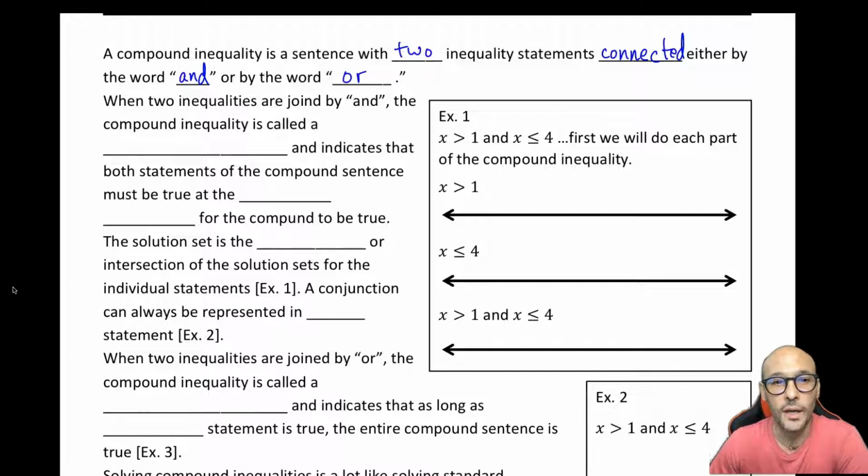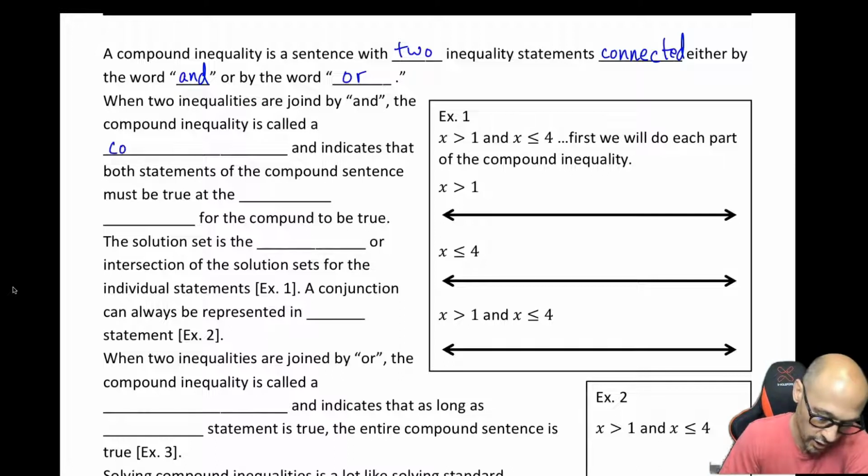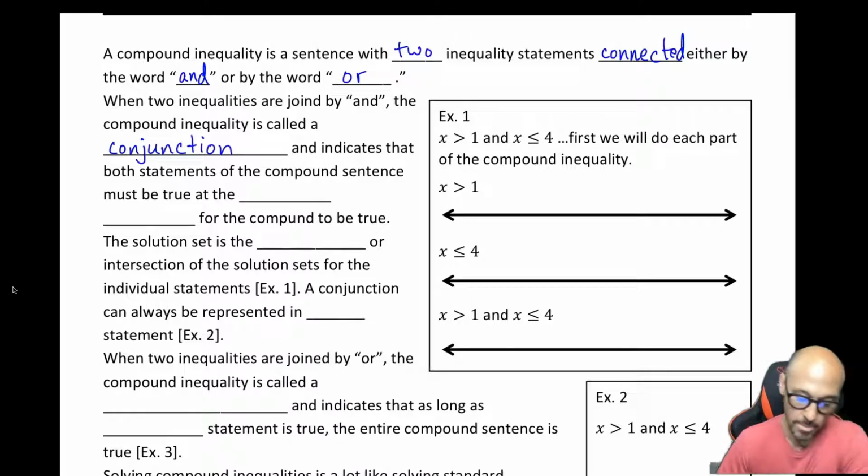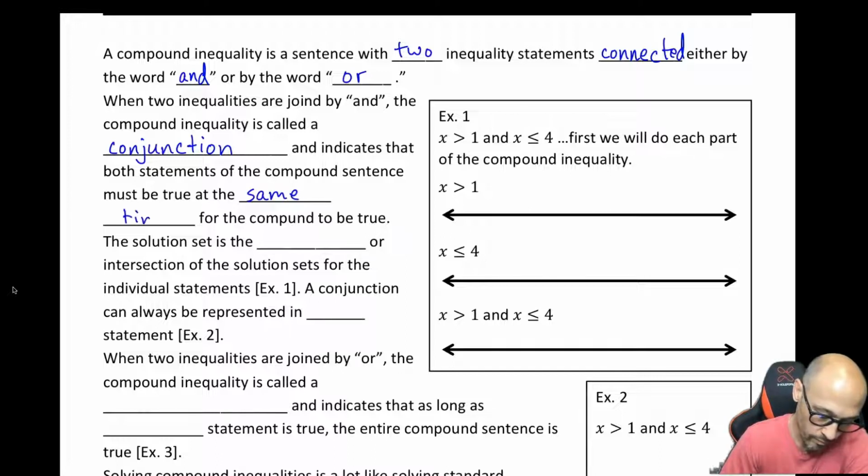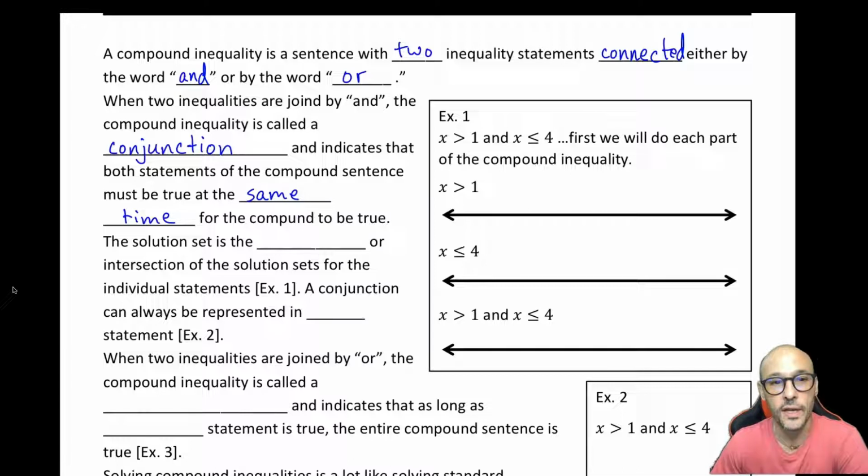When two inequalities are joined by and, the compound inequality is called a conjunction. And indicates that both statements of the compound sentence must be true at the same time for the compound statement to be true.